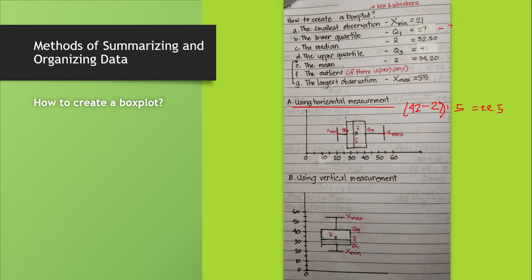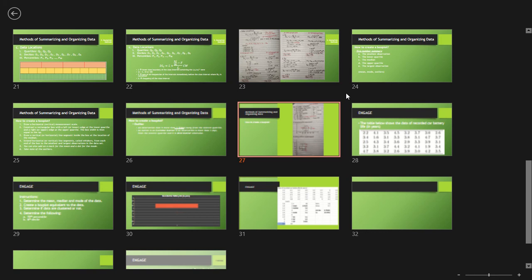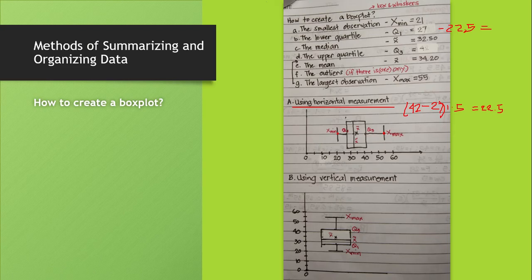So subtract 22.5 from 27, and we have 4.5. Beyond 4.5 are outliers.